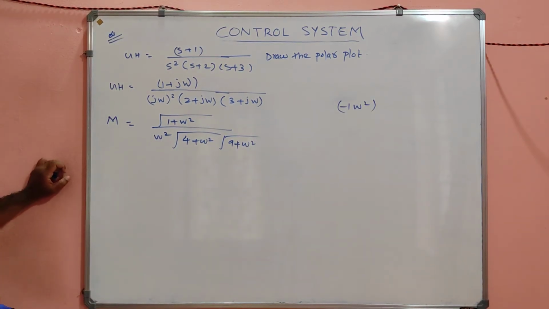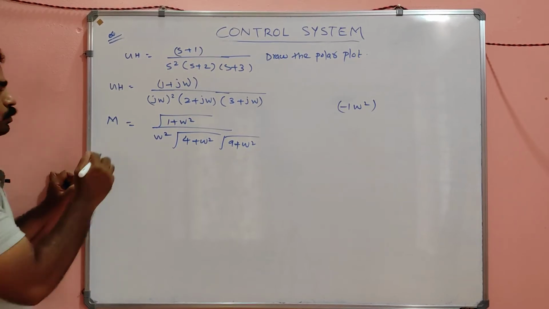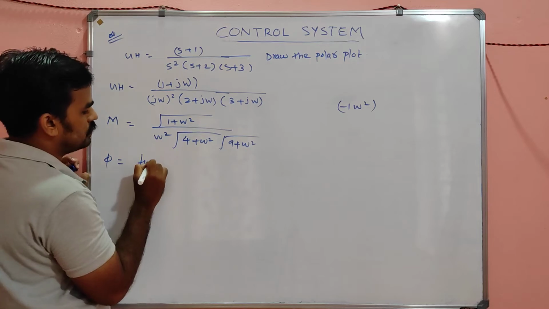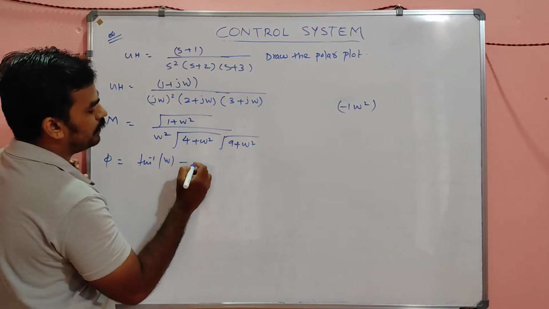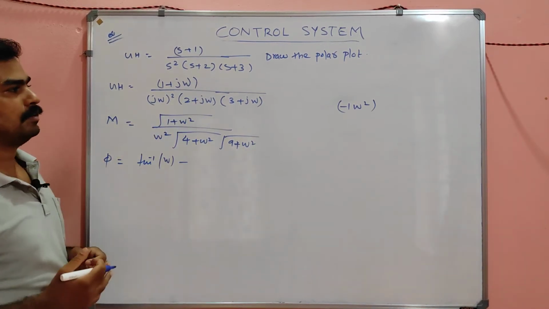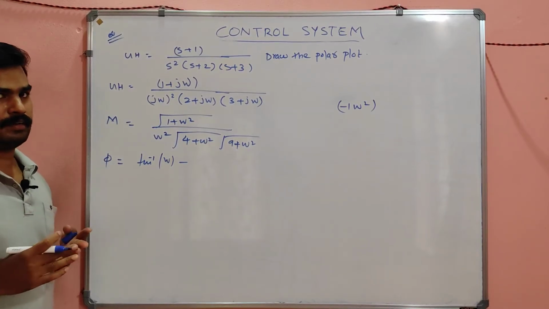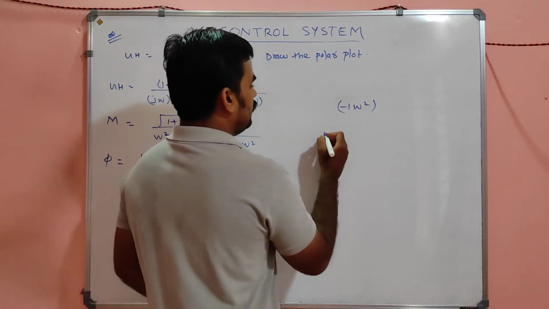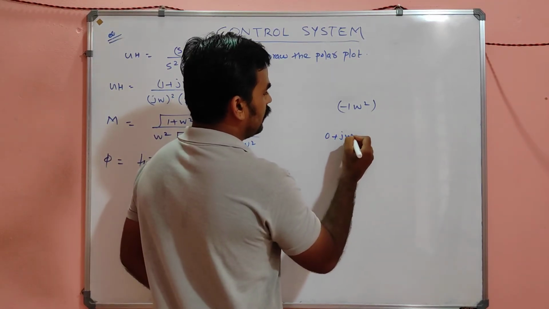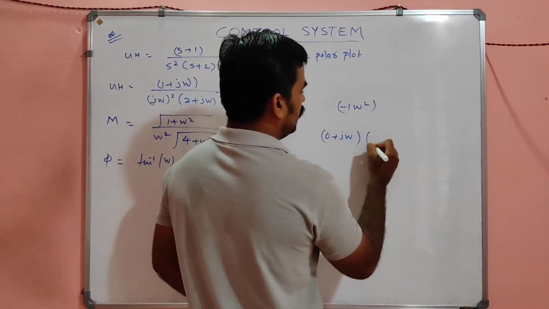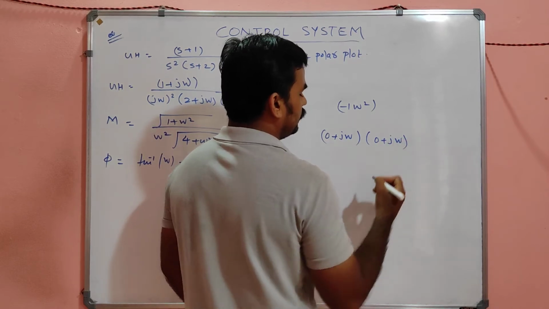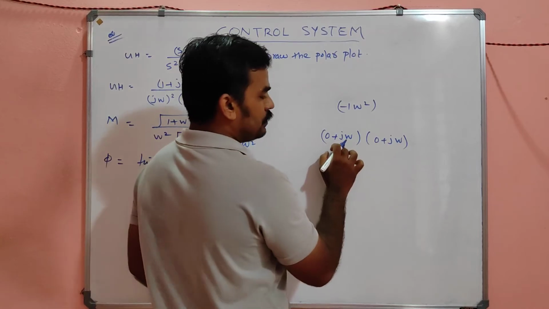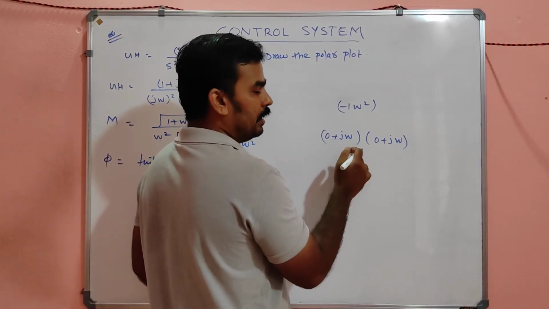Is it clear? Okay, so what is the phase angle, my dear? Phi. Focus on this. I can write the denominator as (0 plus j omega) into (0 plus j omega), correct, na? Then only it will be (j omega) square. So what is the angle for 0 plus j omega?